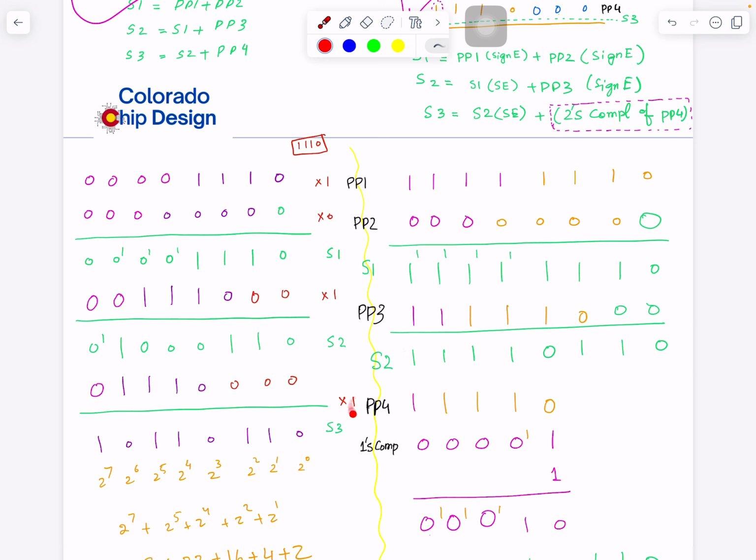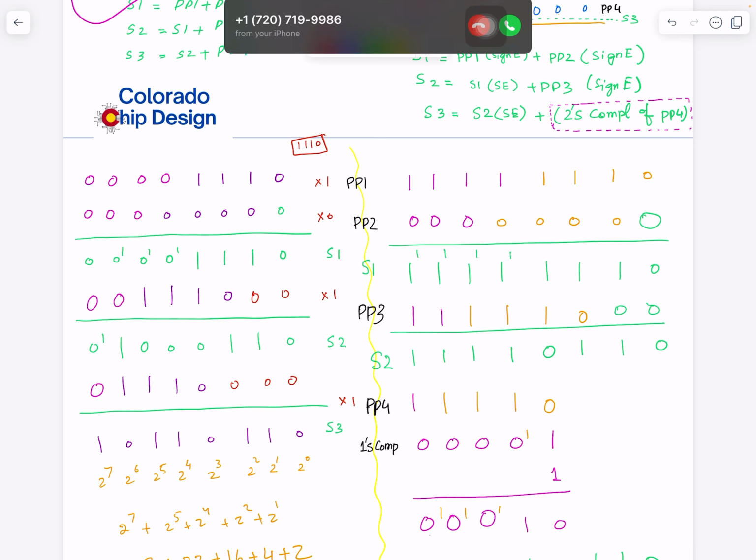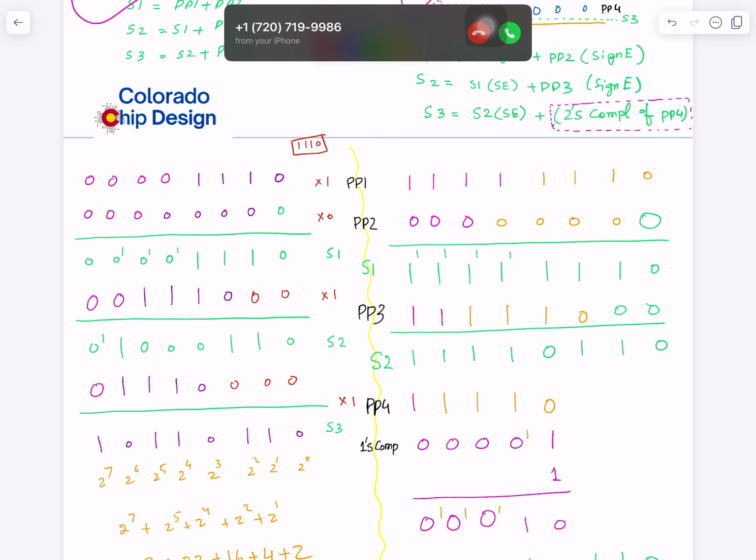Partial product 4 by default is 0 1 1 1 0 1 1 1, and you have to extend it by 1. This sign goes to this. We need to create 2's complement of this.